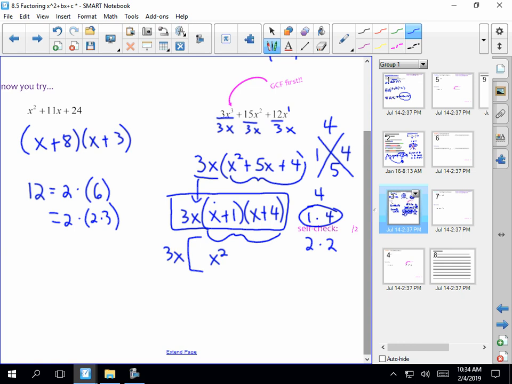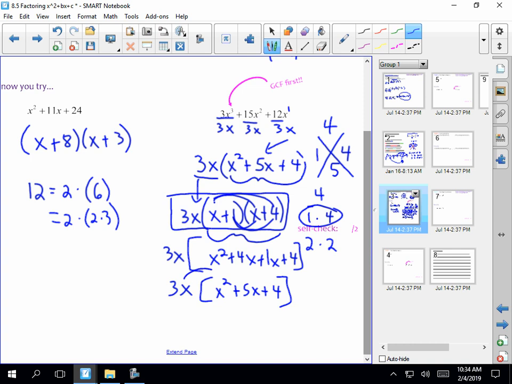We'll put block parentheses around this. But I have x squared, and then x times 4 is 4x. 1 times x is 1x. 1 times 4 is 4. If I combine those two middle terms, I have x squared plus 5x plus 4. And that's getting me back to this stage here.